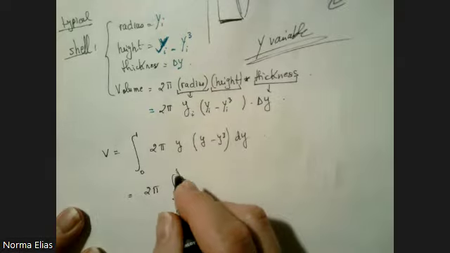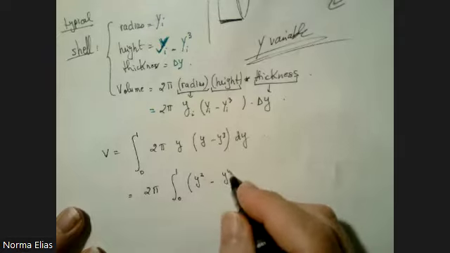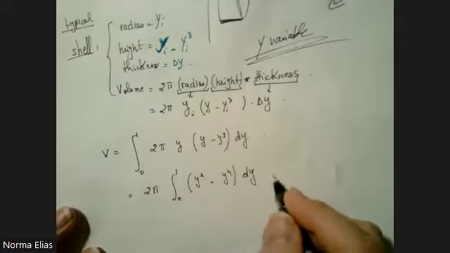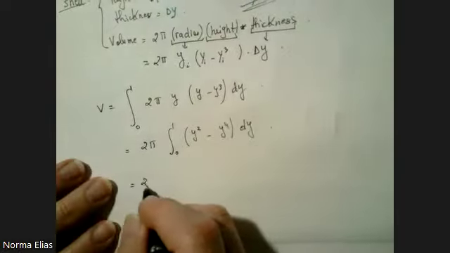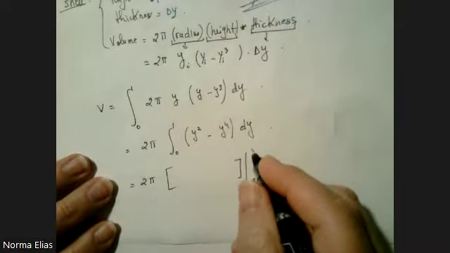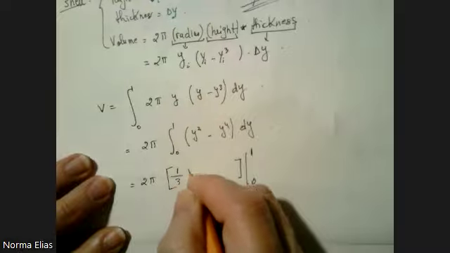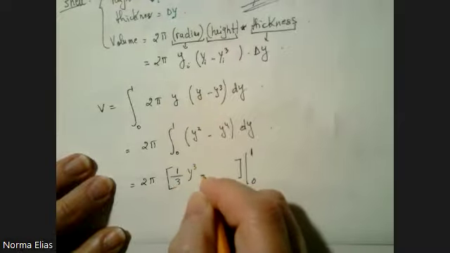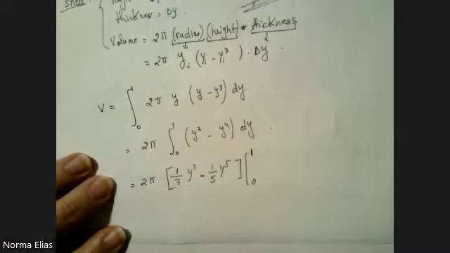So finally, I will get 2 pi. And we should get exactly the same answer we got before, unless I made a stupid mistake along the way and you guys did not correct me. So this would give me 2 pi from 0 to 1, and I have to move to a pencil because I make mistakes. 1/3 y cubed minus 1/5 y to the fifth.